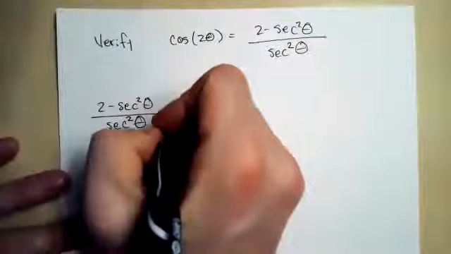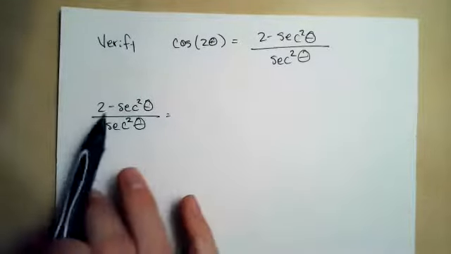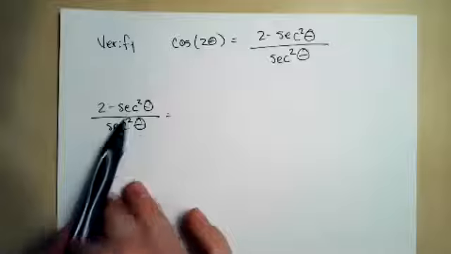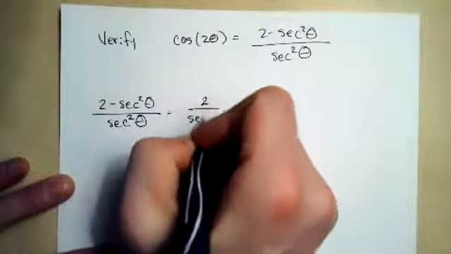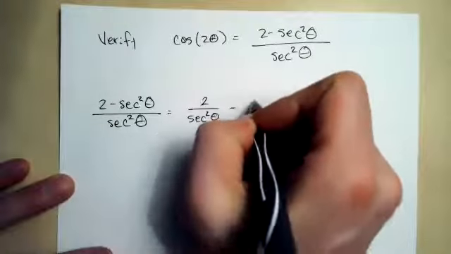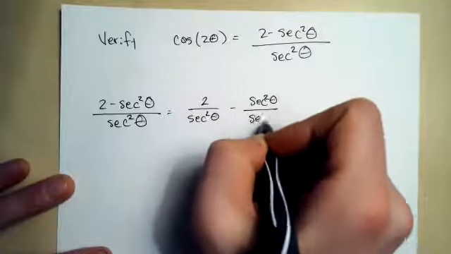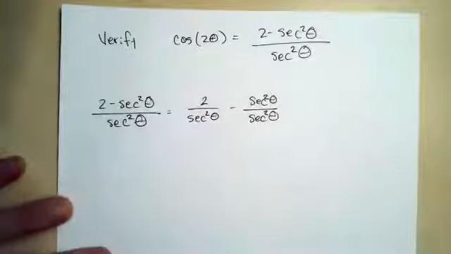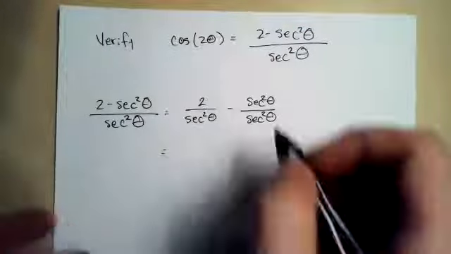So first thing we may want to do something like this. We have a difference in the numerator, which is kind of nice because I can actually write this as 2 over secant squared minus secant squared over itself. And in that case, it'll simplify.